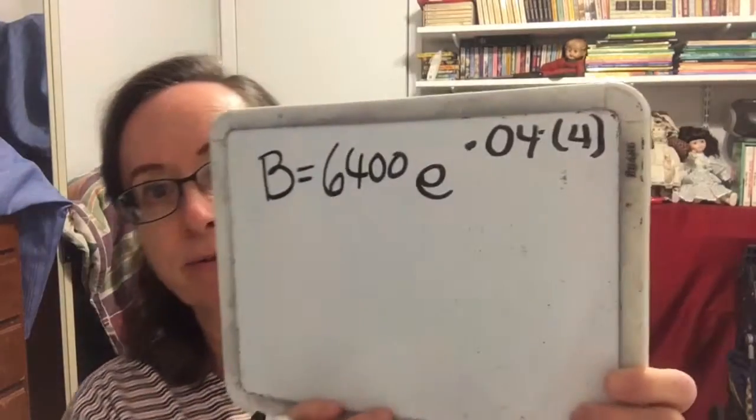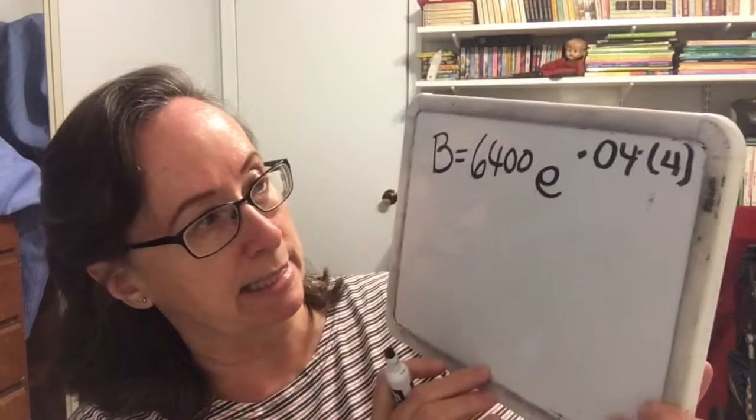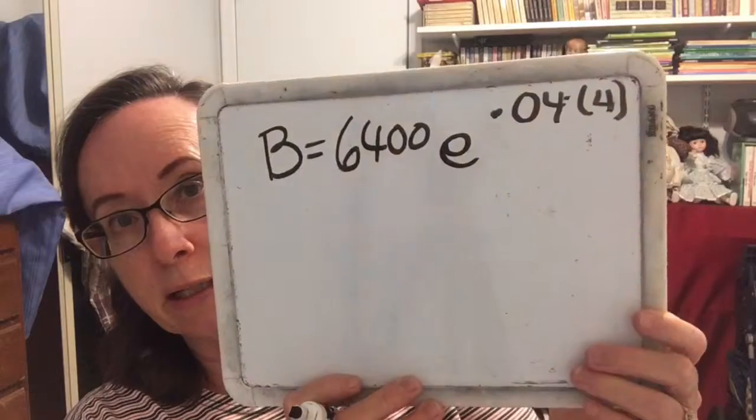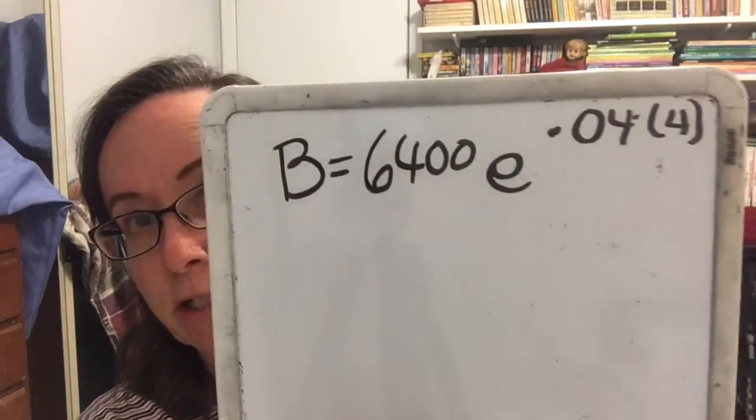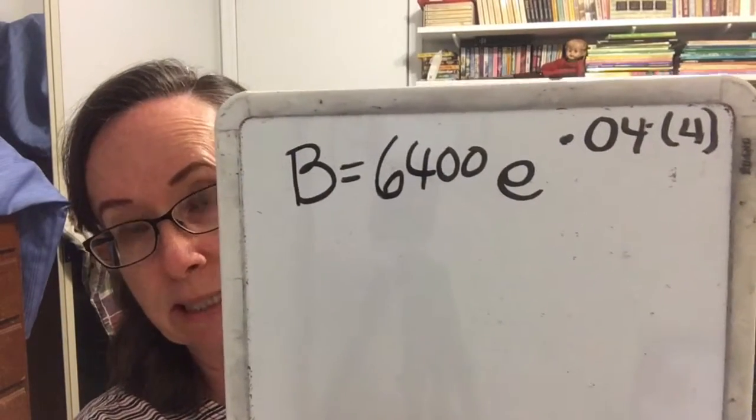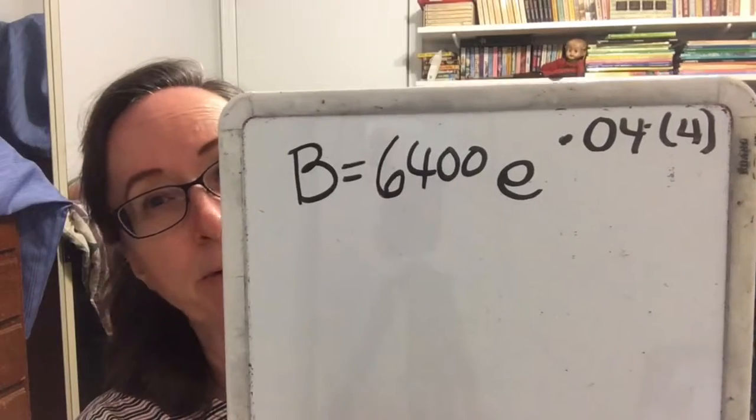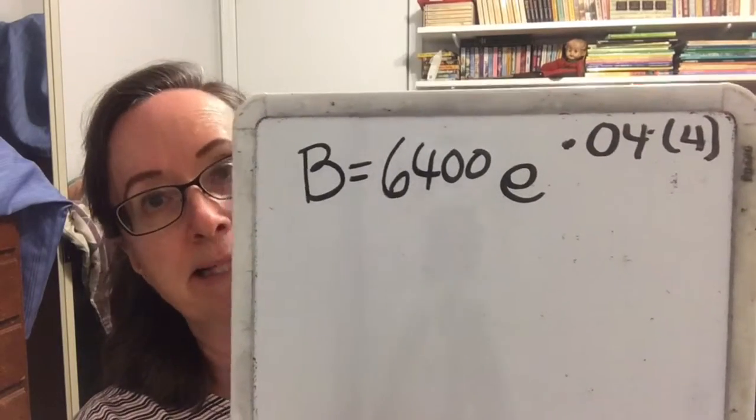And 0.04 times 4 is going to be 0.16. So what we're going to do is always follow order of operations. We're going to do e to the 0.16 first. Then we will multiply that result by 6,400. So let's get our calculator. We're going to do e, which is second natural log button.